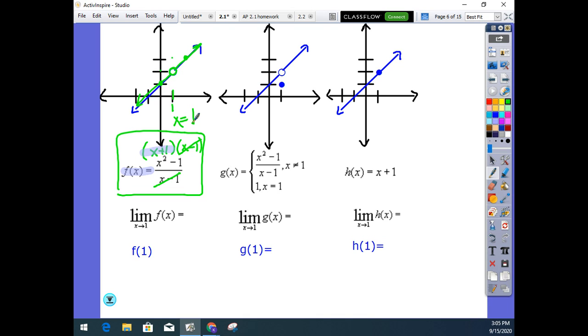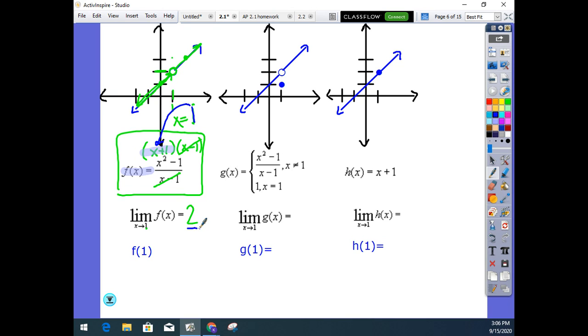All right. So we say that the limit as x approaches 1, if I were to trace this, what's the position of the hole? What's the y value where the hole is at? It's 2. We can actually find that numerically by plugging this x value back in for x into the leftover piece. 1 plus 1 is 2.